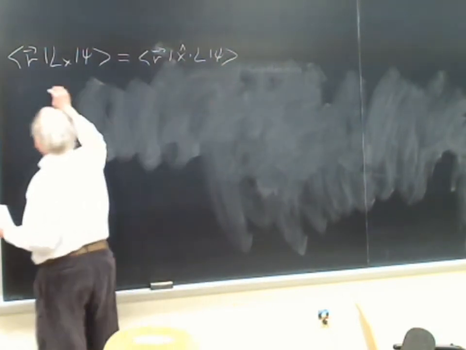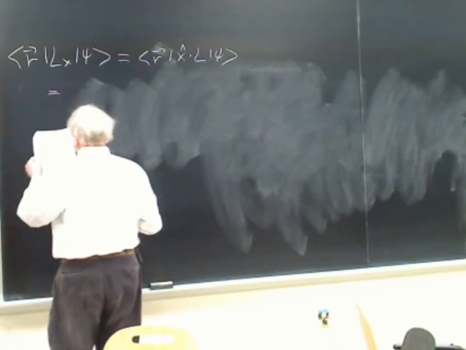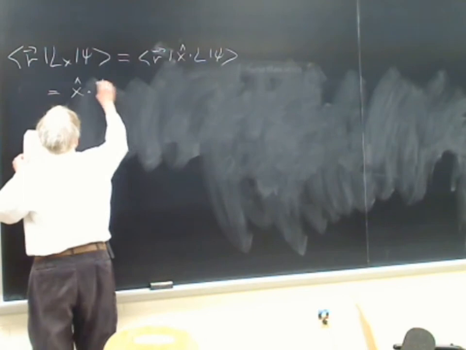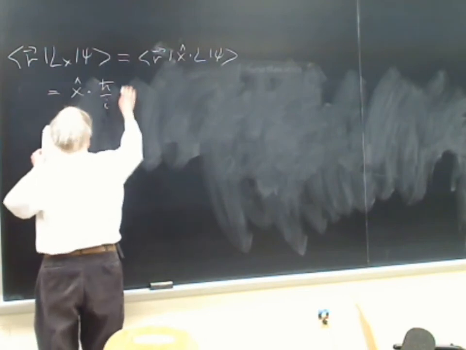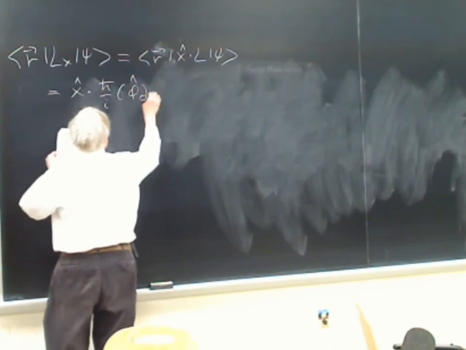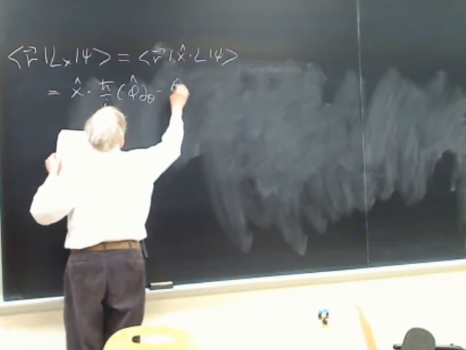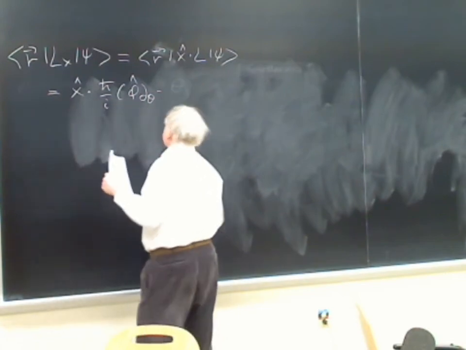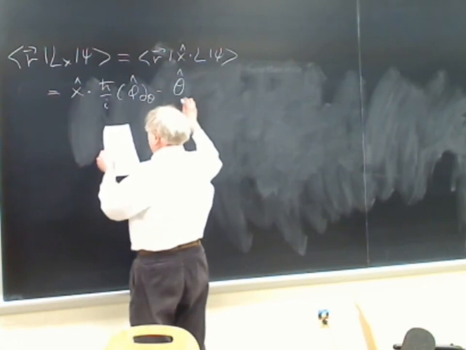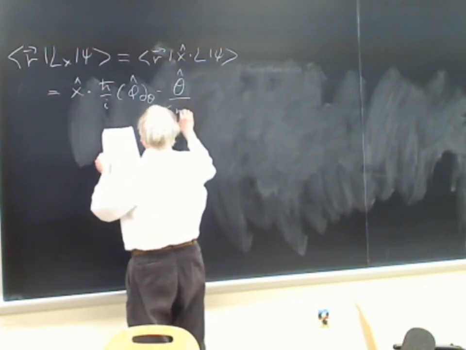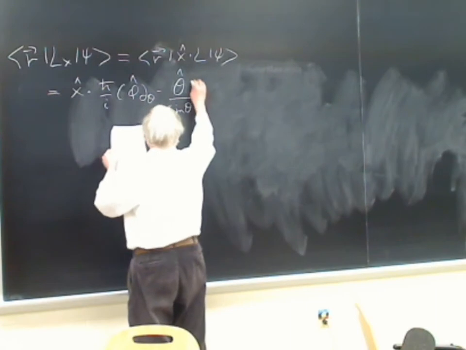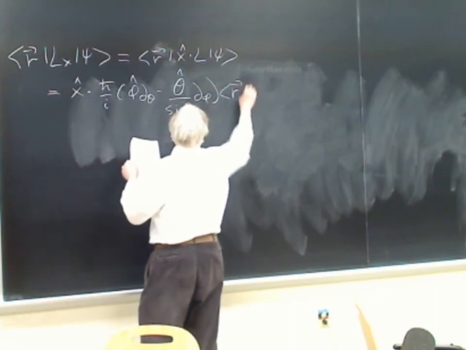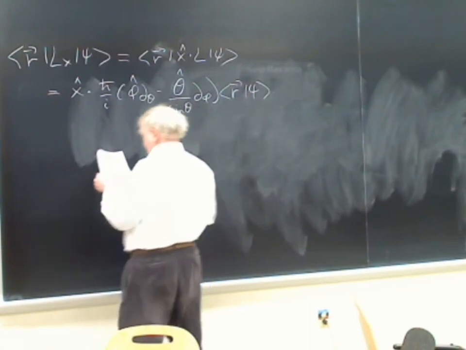And of course, this is x hat dot h bar over i, phi hat d theta minus theta hat over sine theta d phi on r psi.